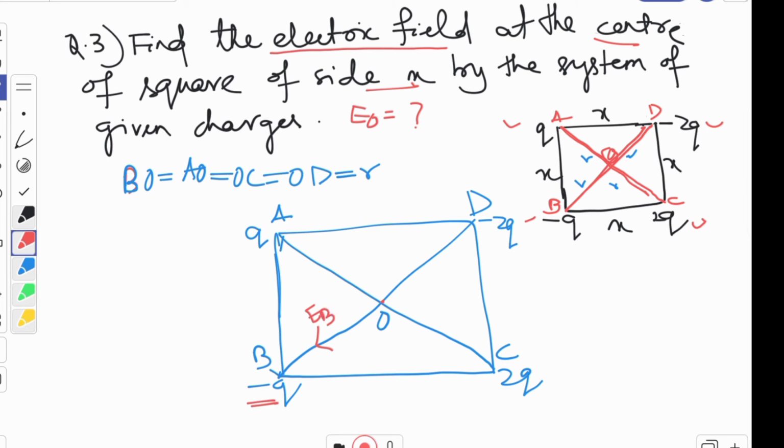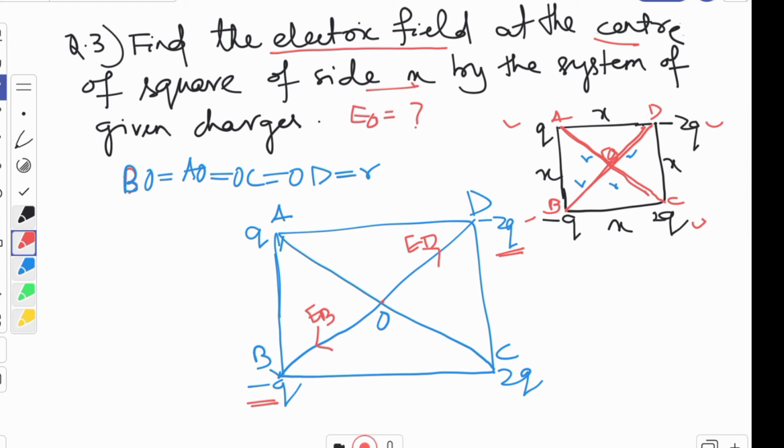Clear children? Now minus 2Q. Again, ED will be towards the charge. For negative charge, field is towards the charge. For positive charge, field is away from the charge.